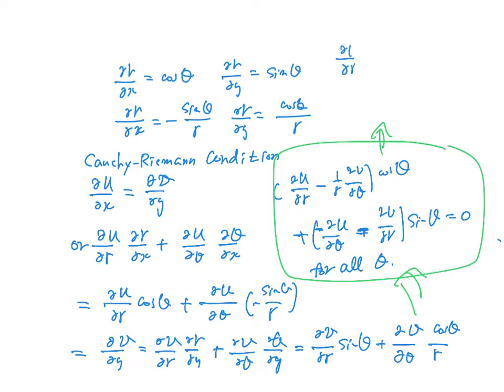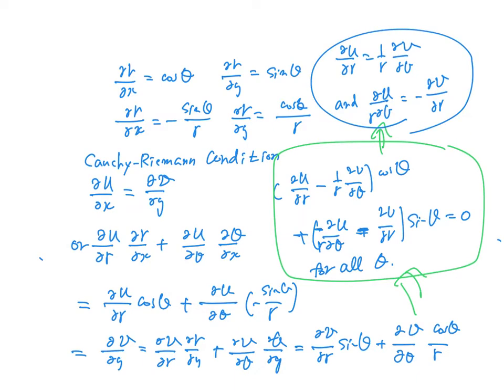Partial r partial u is 1 over r partial theta partial v, and partial theta partial u is minus partial r partial v. So this is your new Cauchy-Riemann condition for polar coordinates, and you obtain the same thing from the second equation.